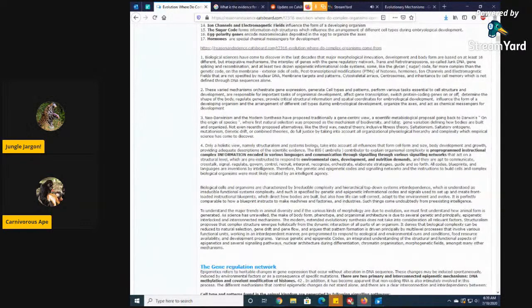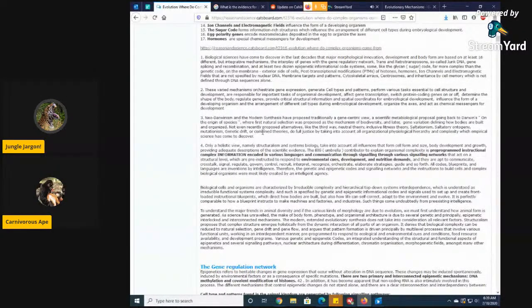Scientific metabiological proposal going back to Darwin's On the Origin of Species, where first natural selection was proposed as a mechanism of biodiversity and later gene variation defining how bodies are built and organized.